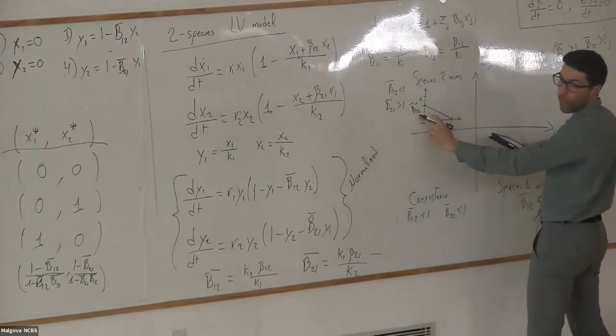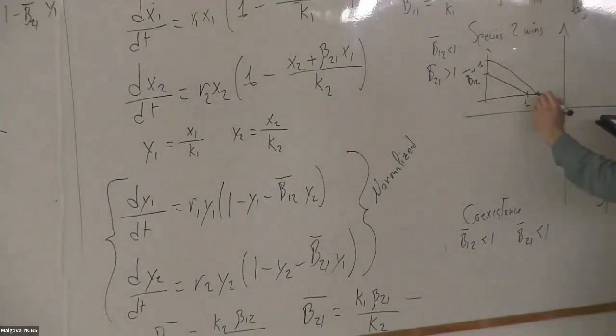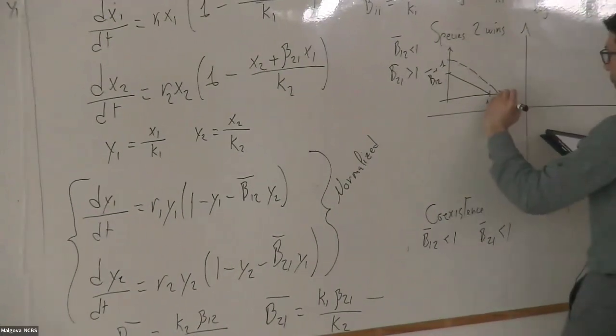It's the inverse of beta 1, 2. And here, it will be the inverse of beta 2, 1.